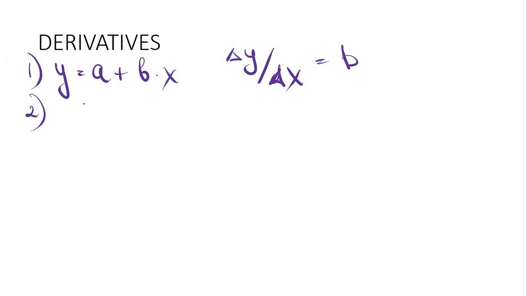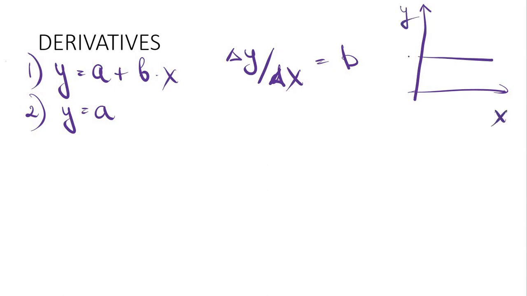If we have a constant value of y, you might recall that this function will look like this when we have y, x, and y is always equal to a regardless of the value of x, then there is no change in value of y. So the derivative will be equal to 0.